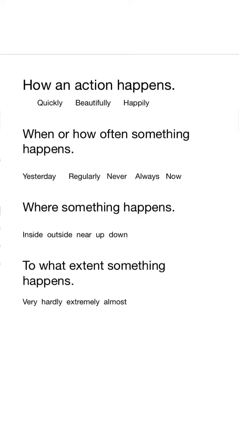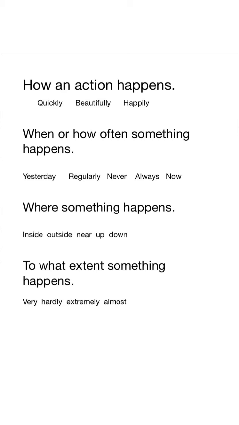Come outside. Now, come is a verb, and outside, come outside. So, this word outside is telling us where this action has to take place. So, outside is an adverb.